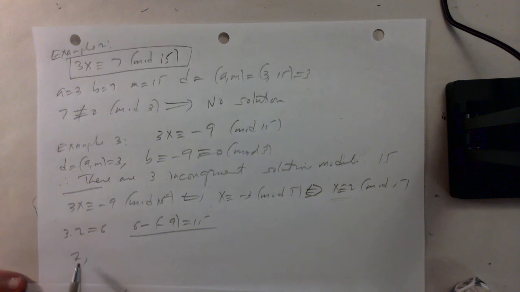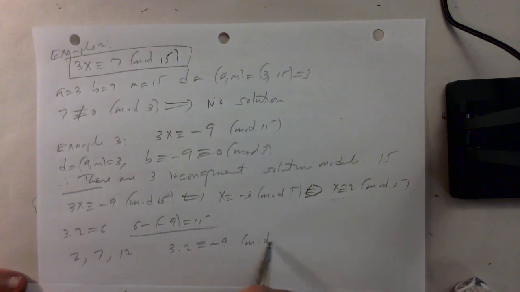We have 2. 2 plus 5 is 7, and 7 plus 5 is 12. So we saw that 3 times 2 is congruent to minus 9 mod 15. 3 times 7 is 21.